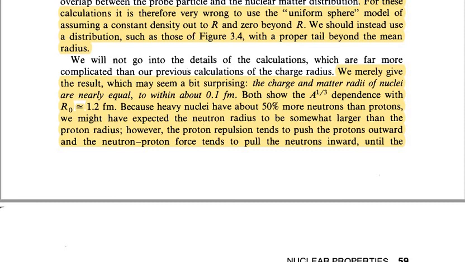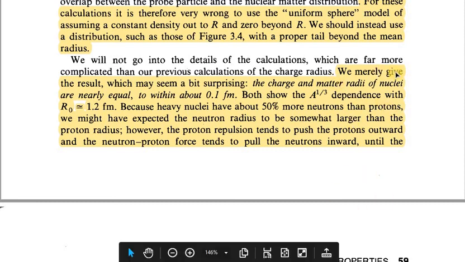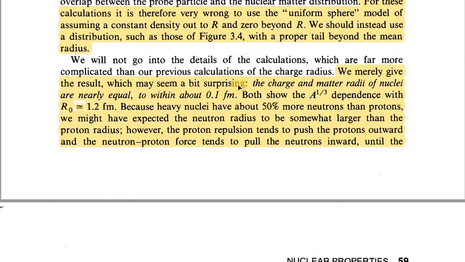That means the nucleus of an atom is not a sphere like a football. We merely give the result, which may seem a bit surprising, that the charge and matter radii of nuclei are nearly equal to within about 0.1 femtometer.